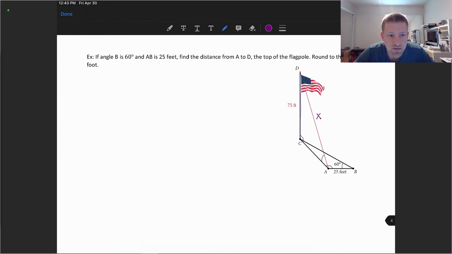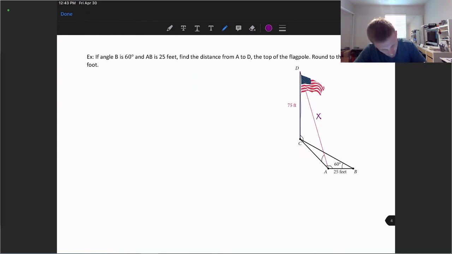So let's first consider a few things on our triangle. We know that angle B here, down below on the ground, is a 60-degree angle. So let's consider first looking at our triangle.